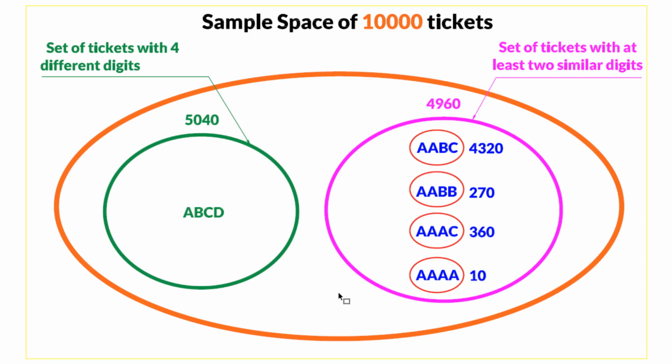And now everything is known and we can find the probability of this event, which is more probable and which is less probable. Now we have the question, what is the sum of all tickets? It should be 10,000 because they are disjoint sets. So we add them together and we get 10,000 exactly.